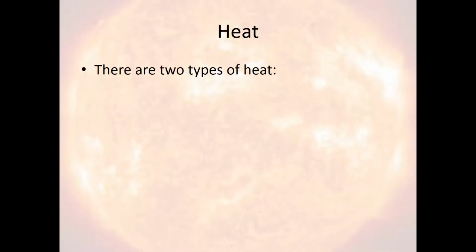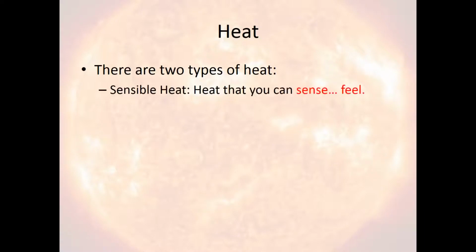Now, there are two types of heat. One type we're going to talk about today, and the other type we're going to talk about in a few weeks. The type we're going to talk about today is called sensible heat. This is heat that you can actually feel. So, when you put your hand on something and your hand feels cold, that's because heat is actually escaping your hand and going onto the cooler object.